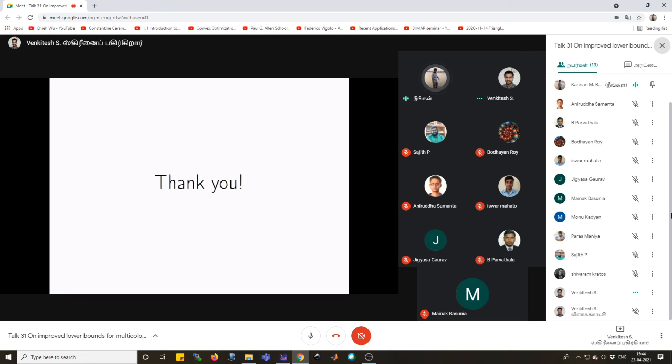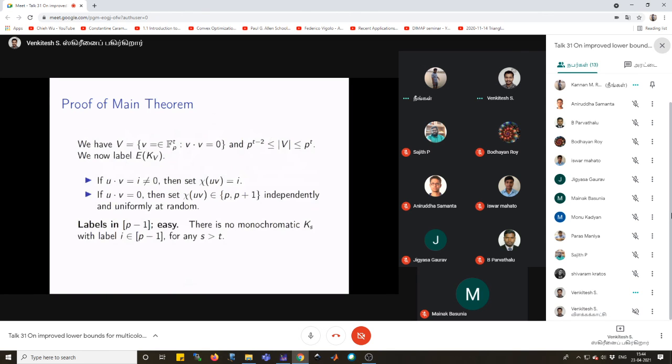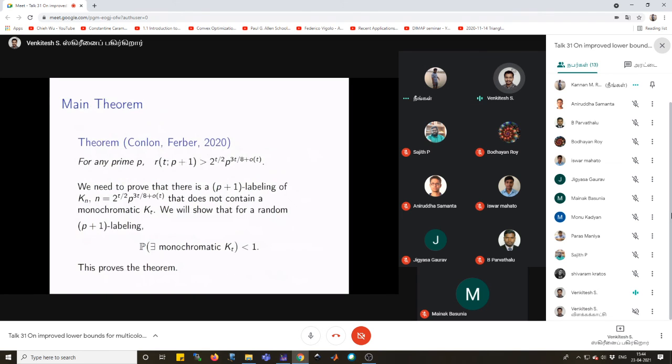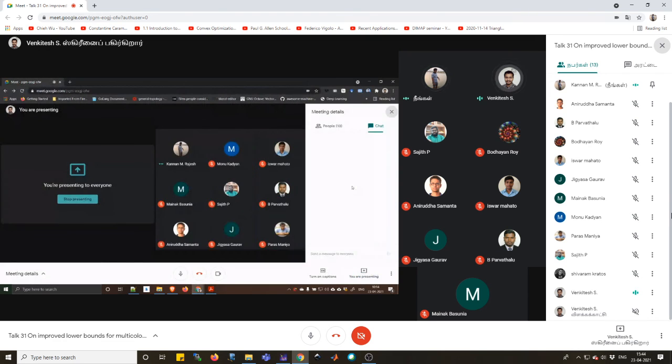What about the references, Venkatesh? Oh yeah, so there are only two references as such for this. This is the paper by Conlon and Ferber 2020, and then there is another by Victorson. I just mentioned it in the slides.